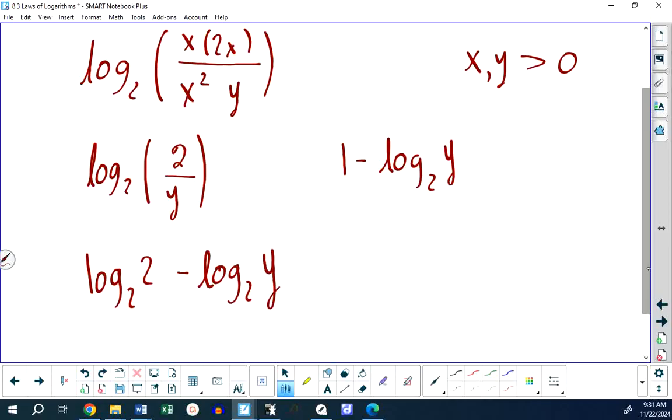The 2 and the y and the words log are all on the same line. So I've applied the quotient law to this, and log base 2 of 2 is 1. So I can write 1 minus log base 2 of y. It's not quite the same idea, but it's along the same lines as getting a trigonometric answer and then recognizing it can be written in different ways.